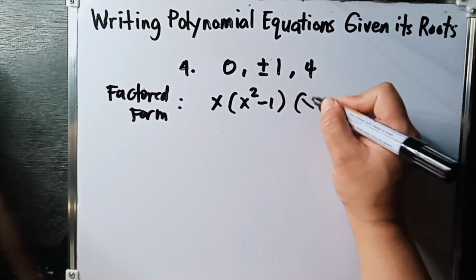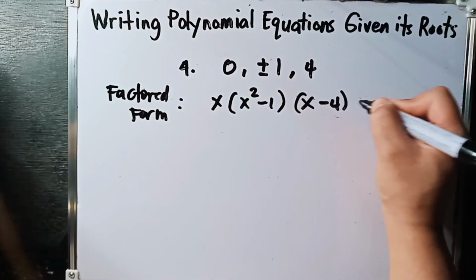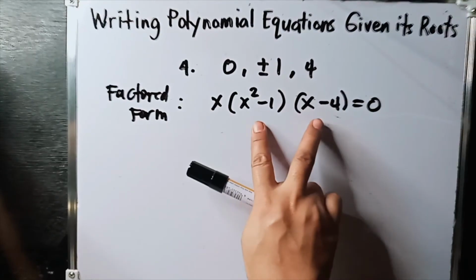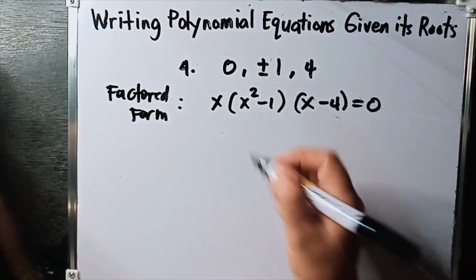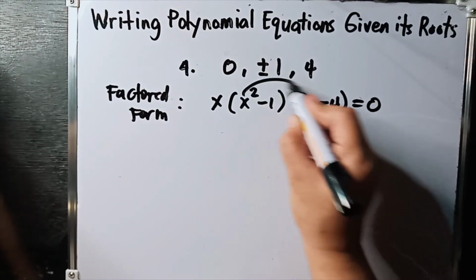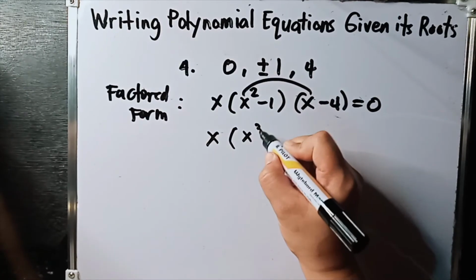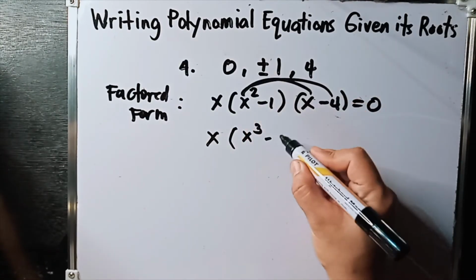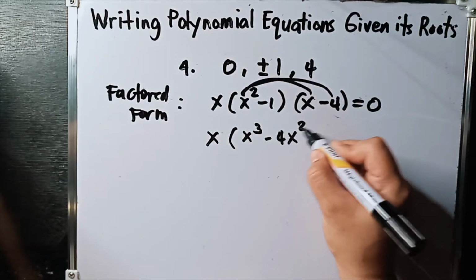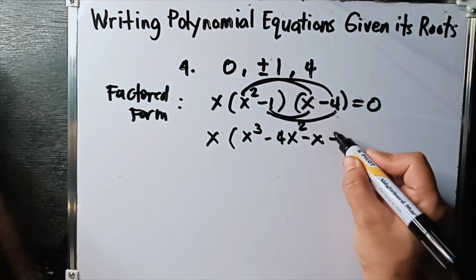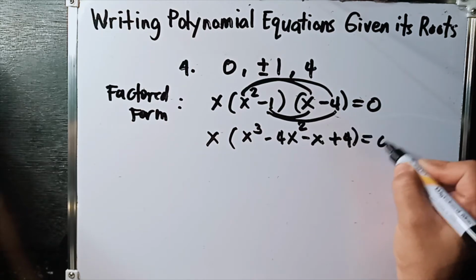And for 4 is x minus 4 equals 0. Okay, so we just multiply this 2. Or, we just bring down x there. And then we have x cubed. We have negative 4x squared. We have negative x. We have positive 4 equals 0.